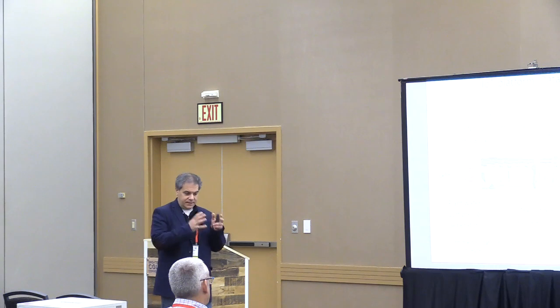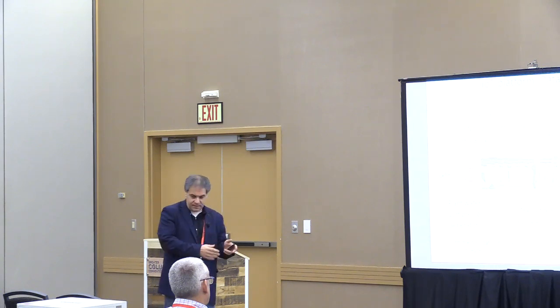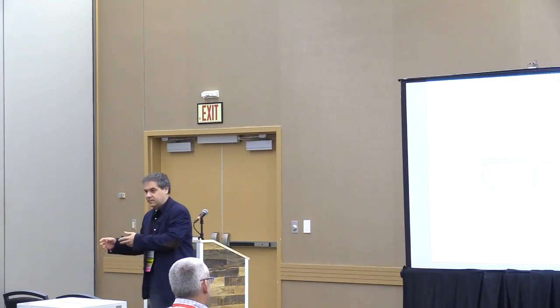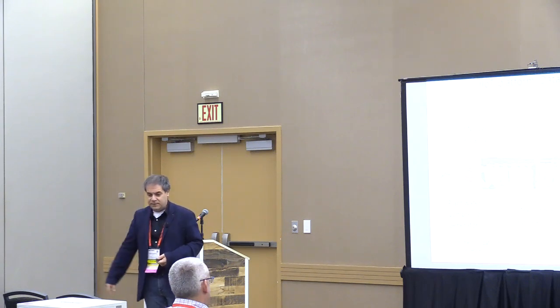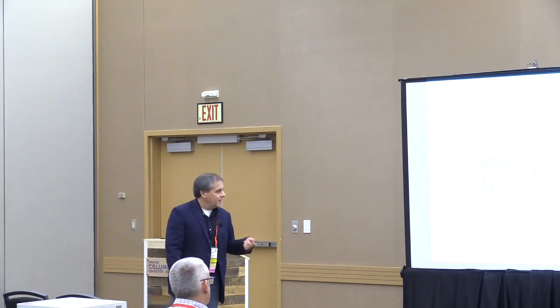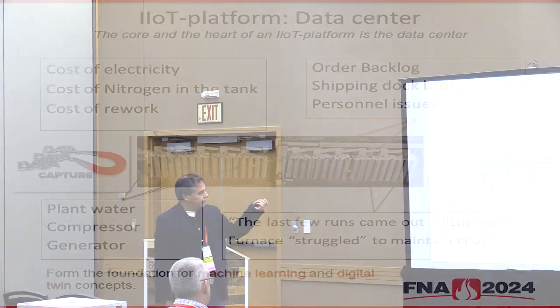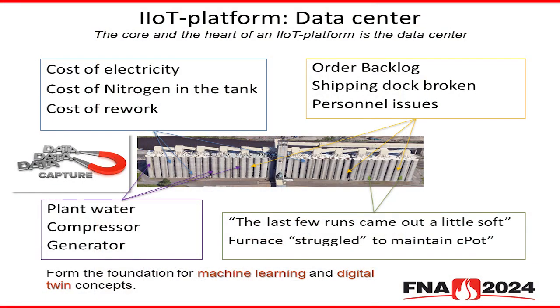However, this SCADA, those furnaces in this database, ERP in that database, and Excel is another key source of information. But if I am able to capture this data, lock it and categorize it, and I am now able to pull it out anytime I want, I now have formed the foundation for machine learning and digital twin.